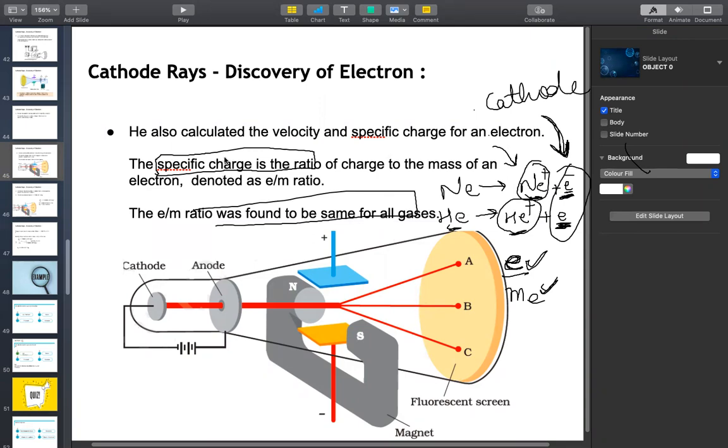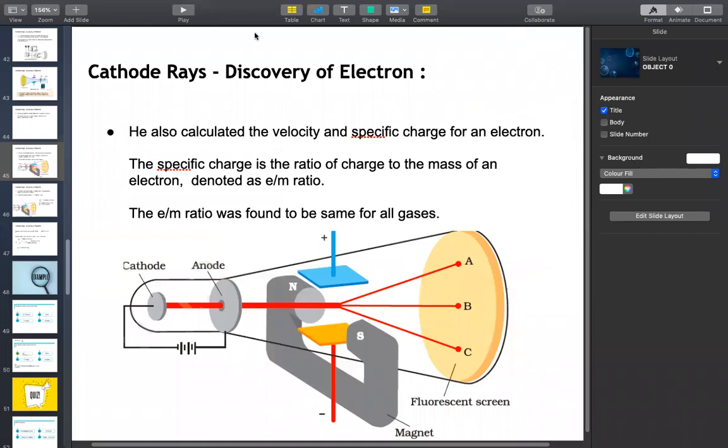That term was named specific charge ratio, because both things were unknown to us, charge as well as mass. Understood? So e by m was calculated, and that is the specific charge. Later e and m were calculated after this experiment. First they calculated the e by m ratio using this experiment. Understood? Yes, sir. Okay.